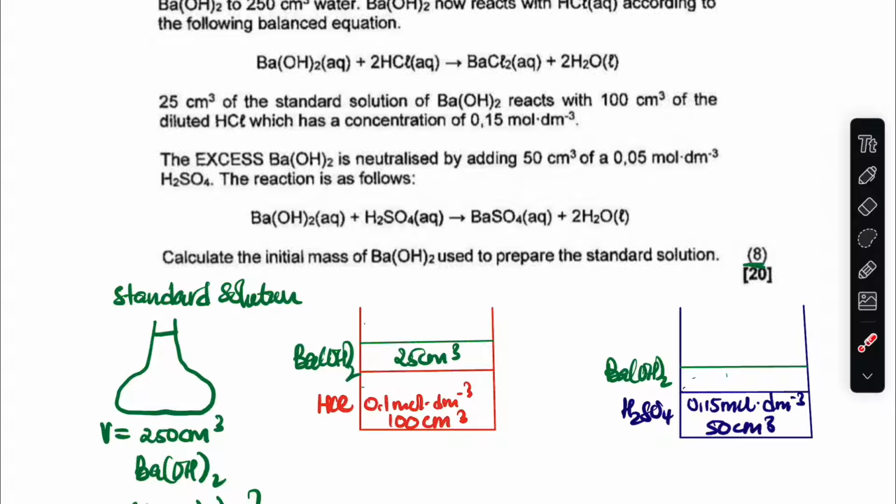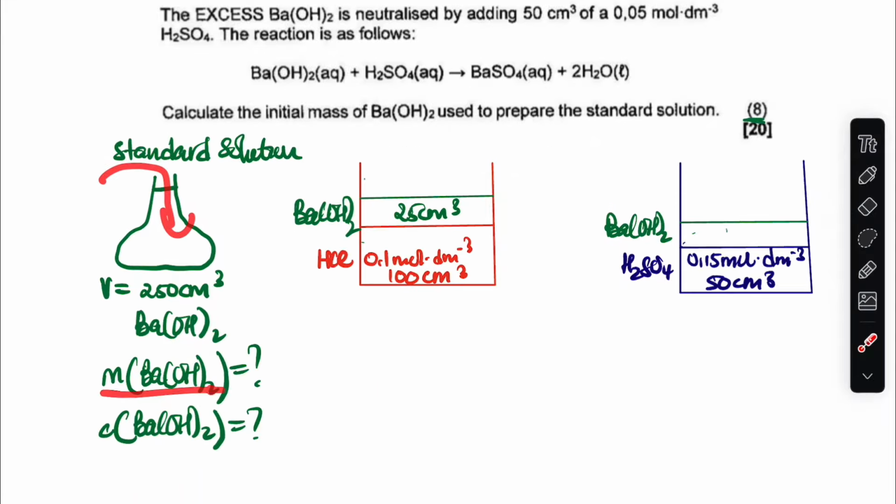That's the standard solution. But it says a standard solution was prepared by adding an unknown amount of barium hydroxide. We don't know the amount, which is the mass that was added here to make this standard solution to be 250. So this is a standard solution where we do not know its mass and we cannot know the concentration of that.